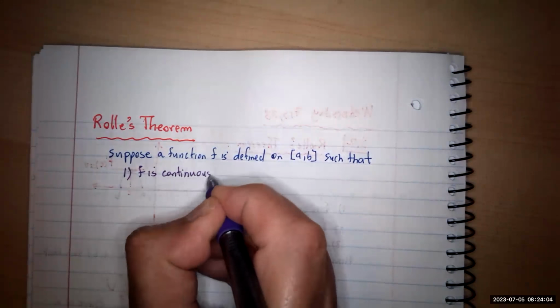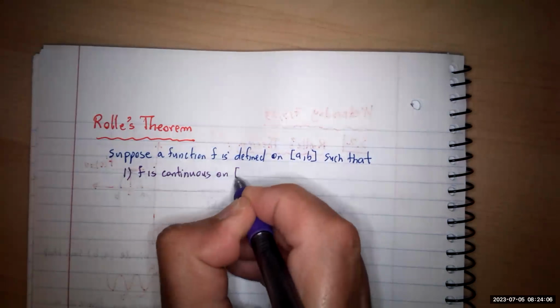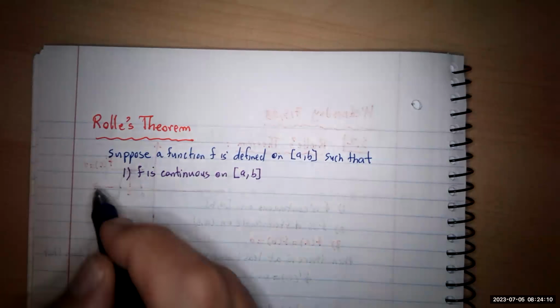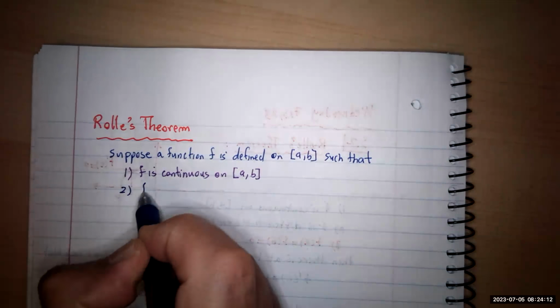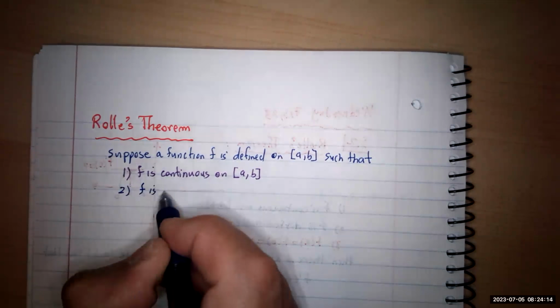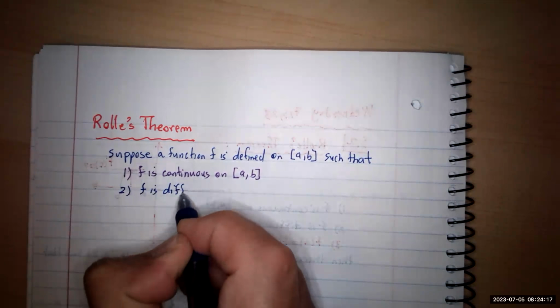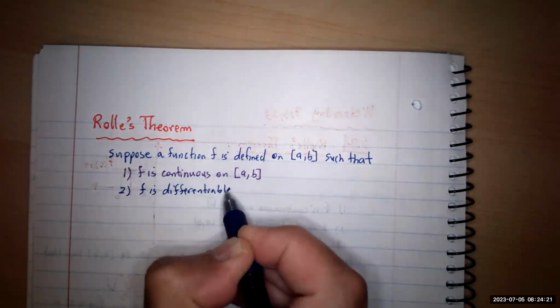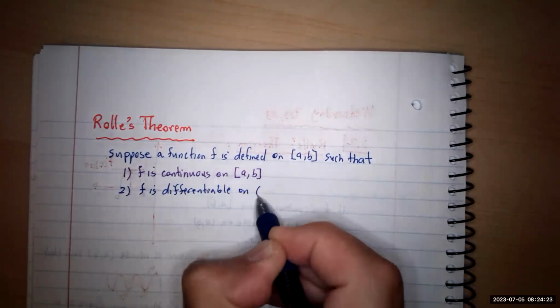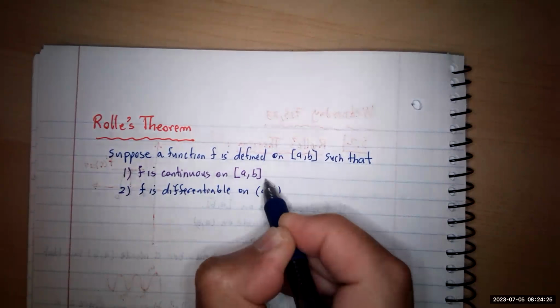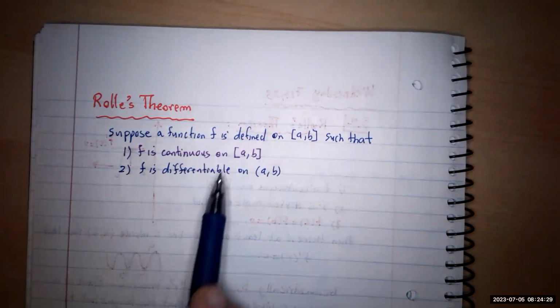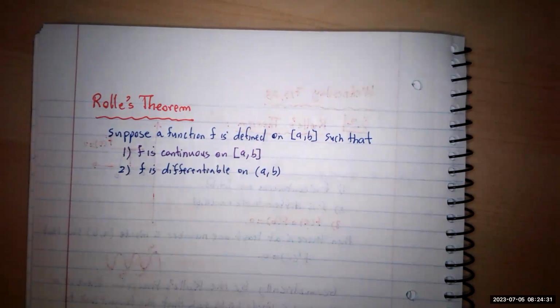F is continuous on the closed interval. That is the first condition. Second condition, F is differentiable on the open interval. I talk about the reason. You see, the reason is you can have it at the closed interval, but then you have to talk about differentiability at A and B.